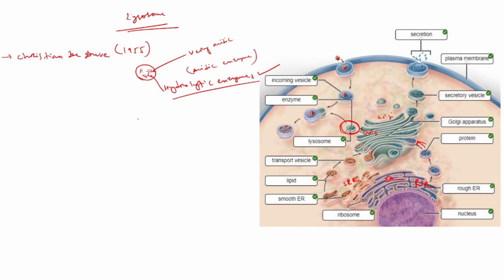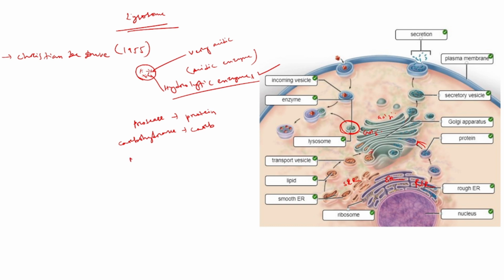For example, protease. Protease means it digests the protein. Carbohydrase means it helps in the digestion of the carbohydrate.